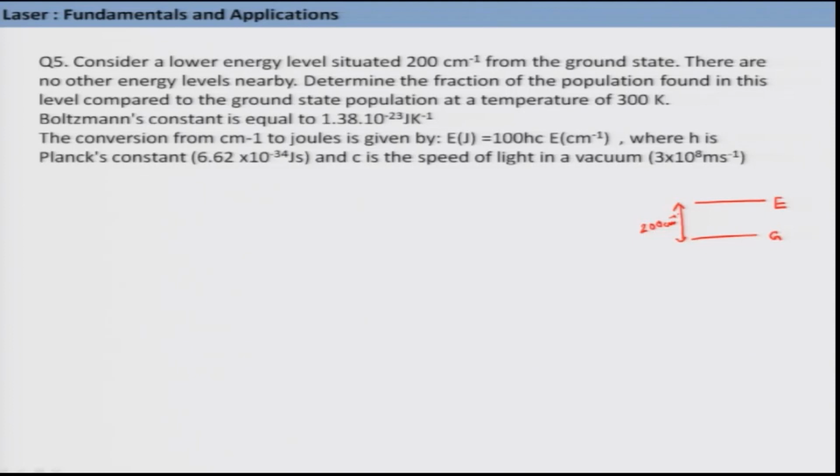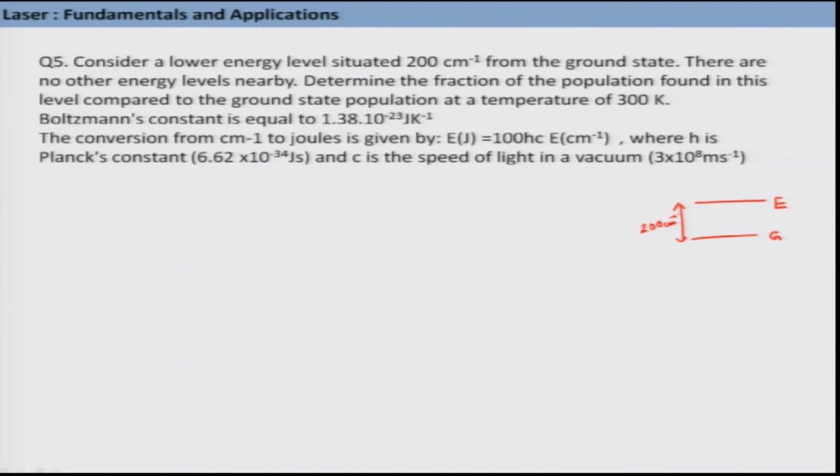There are no other energy levels nearby, so this is fairly a two level system. Determine the fraction of population found in this level compared to the ground state population at a temperature of 300 K, which is essentially room temperature.